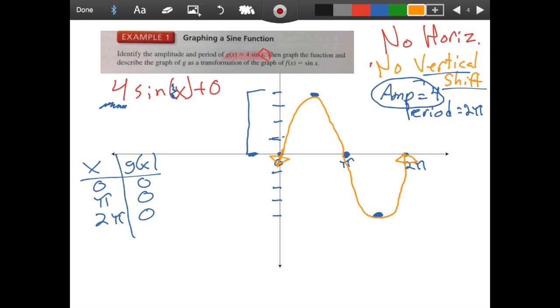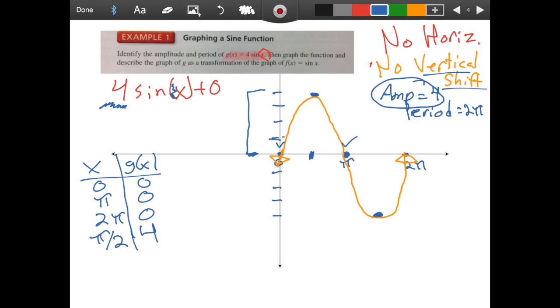Cool. Some other points that we can map out halfway in between 0 and pi. What do you think this angle is going to be here, if we're halfway between 0 and pi? You should be saying pi over 2. And the outcome there's 4.